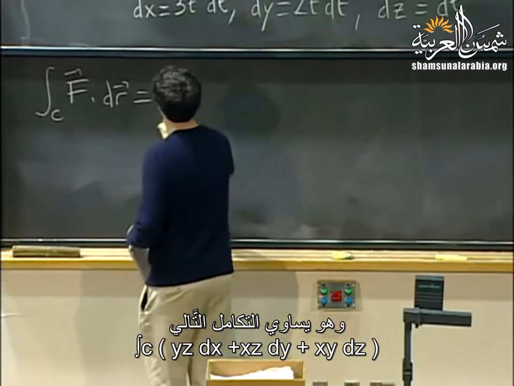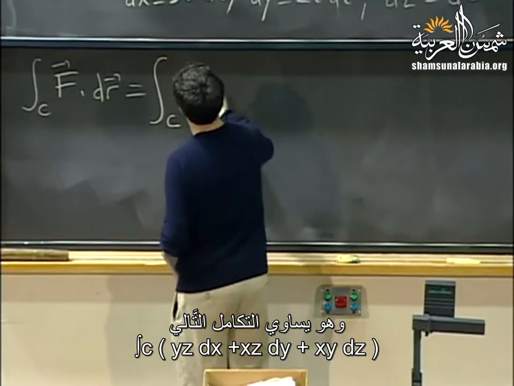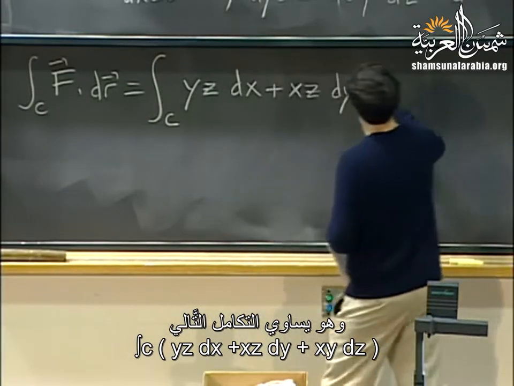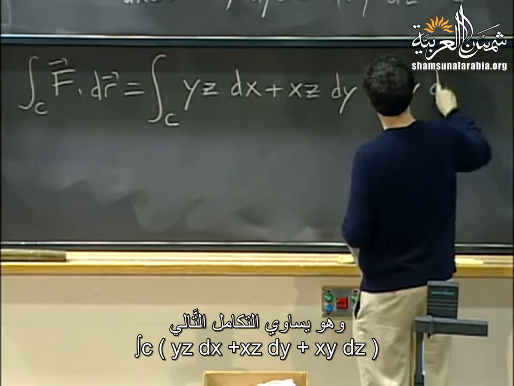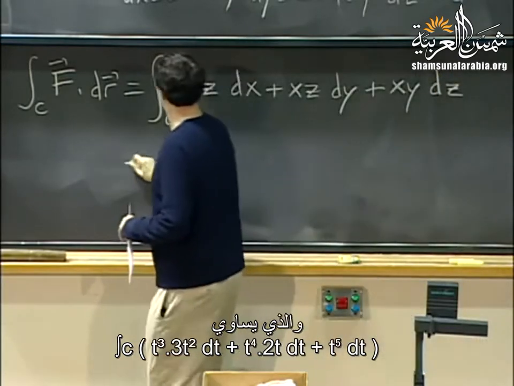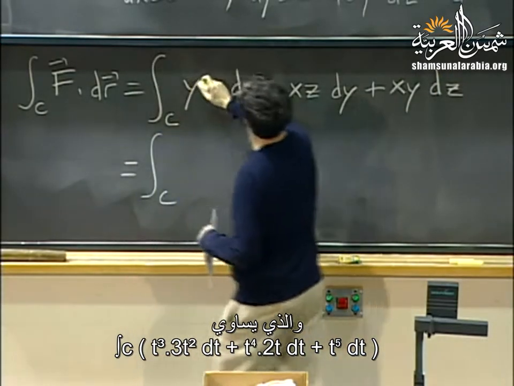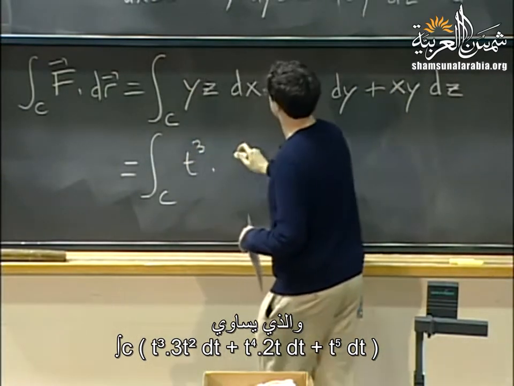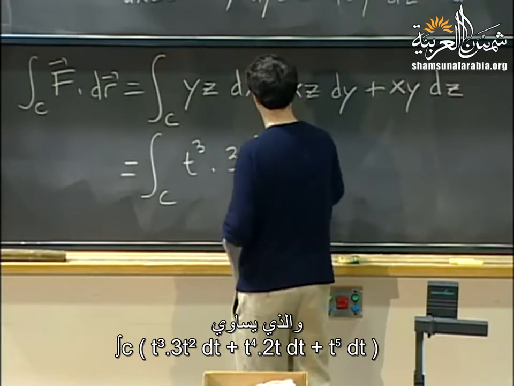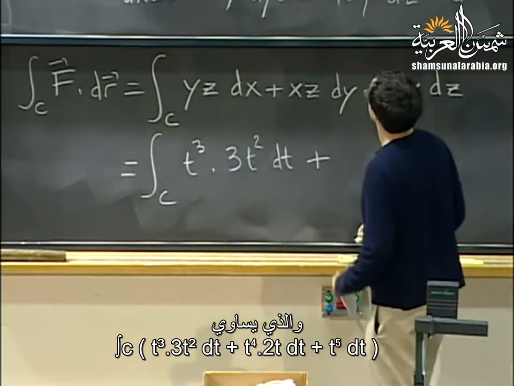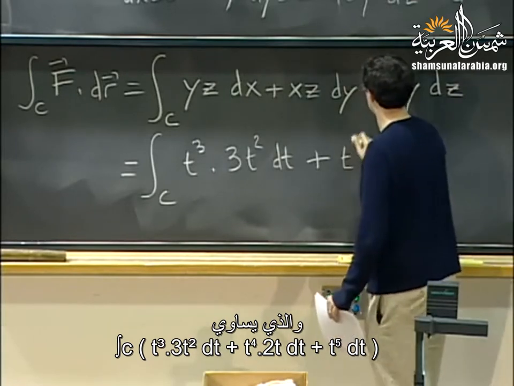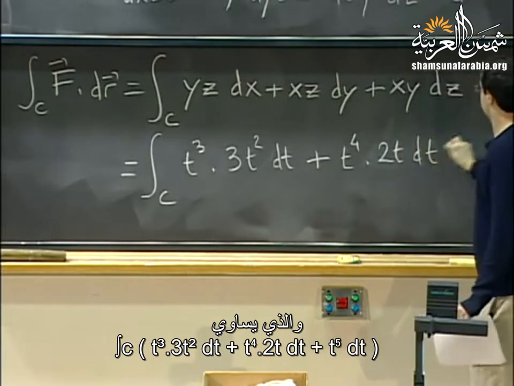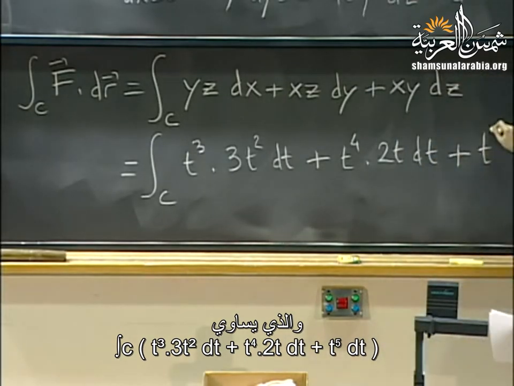Well, that will be the integral of yz dx plus xz dy plus xy dz, which will become, so yz is t cubed times dx is 3t squared dt plus xz is t to the 4 times dy is 2t dt plus xy is t to the 5 dt.